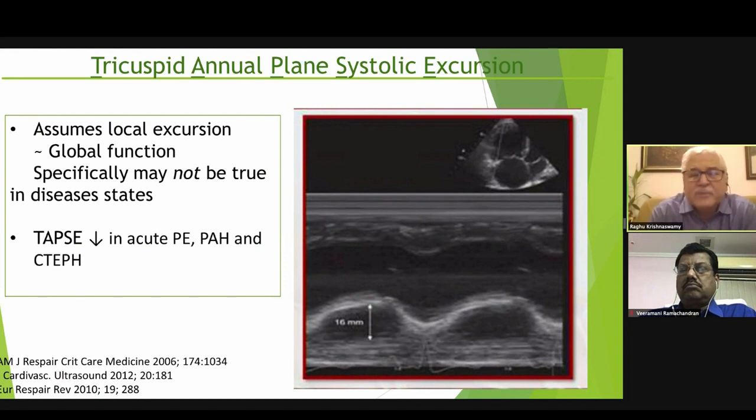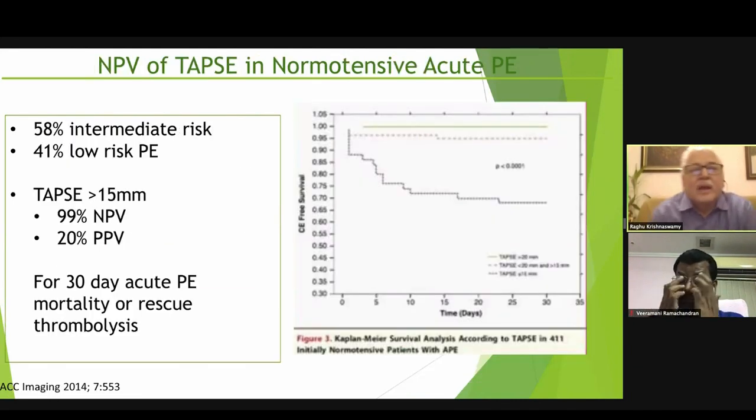Now, TAPSE has been found to be very useful in acute PE because it is depressed in acute PE, in PH, and in chronic thromboembolic pulmonary hypertension. The major advantage is its negative predictive value. If TAPSE is more than 15 millimeters, the probability of a patient with pulmonary embolism slipping into a high risk category is very, very low.